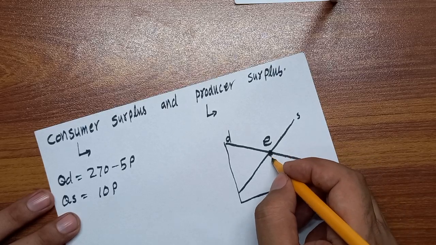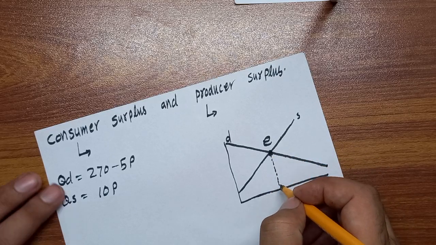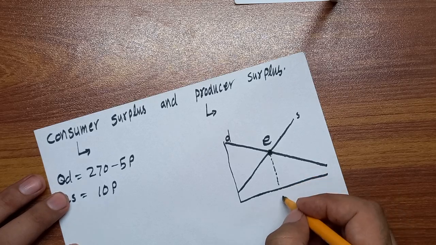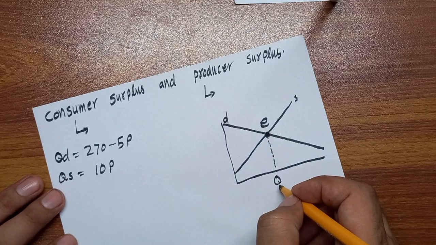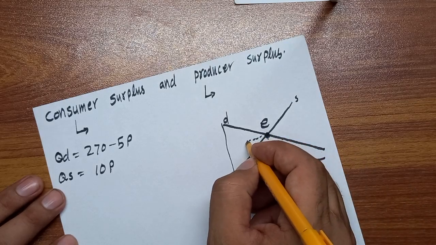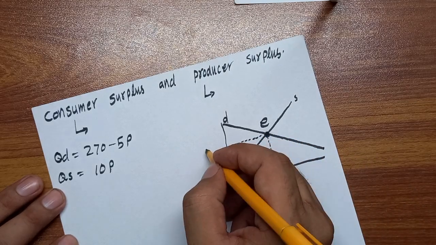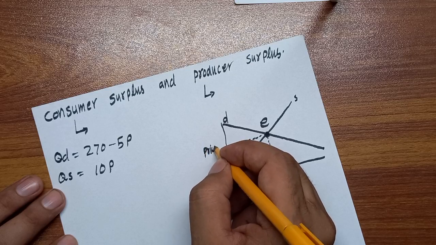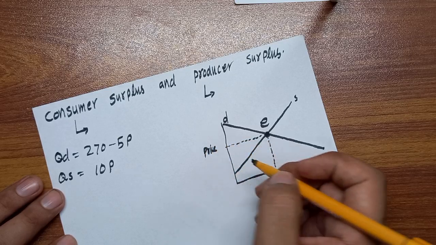At the equilibrium point, the quantity of supply is equal to the quantity of demand. So here I will write just Q. This Q represents the quantity of supply and also the quantity of demand. So here we will have the price.